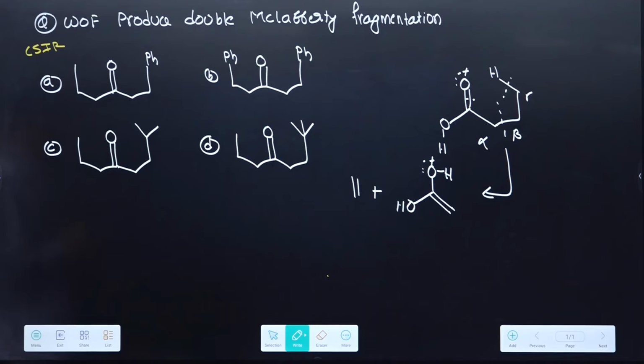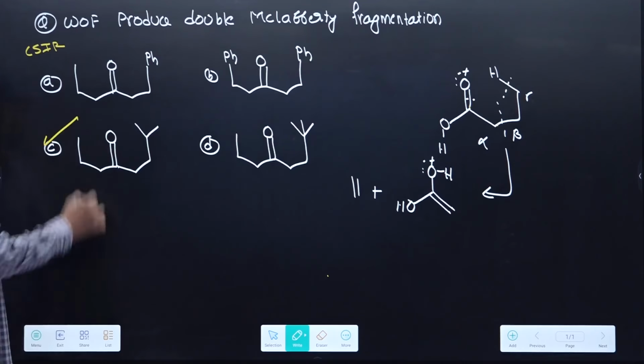They are not asking about fragmentation. They are simply asking which will give double McLafferty. What is the answer? That is C.